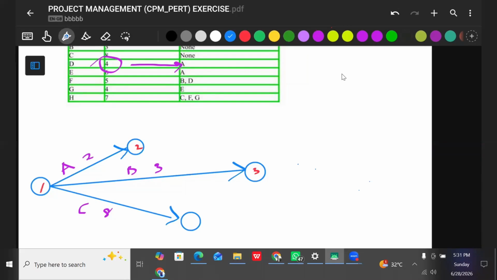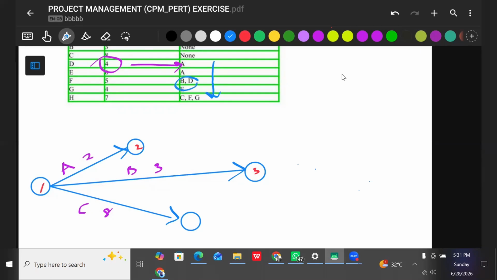Okay, so now we want to draw activity D. Activity D, we say it starts from what? Activity A. But observe, despite the fact that it starts from activity A, when you go down this way, you will realize that it meets with B at a point.